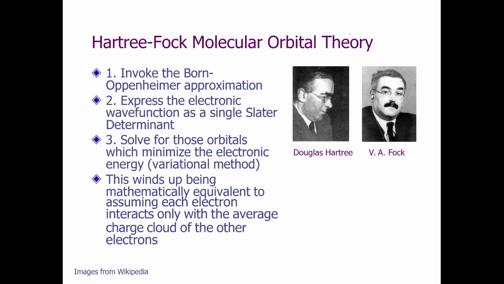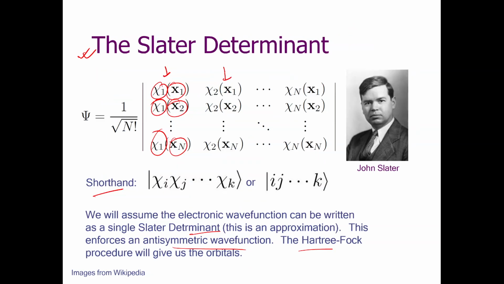Can you once again explain how the normalization constant can be calculated? So this 1 by root over n factorial. Okay, you can do a practice with a two-electron system. You take chi1 and chi2, and put 1, 2 here and 1, 2 here.